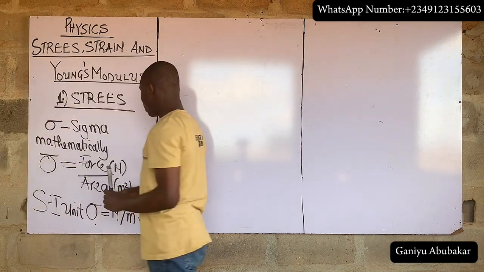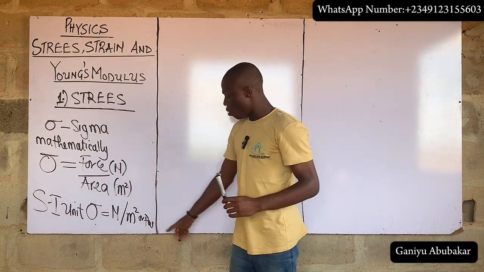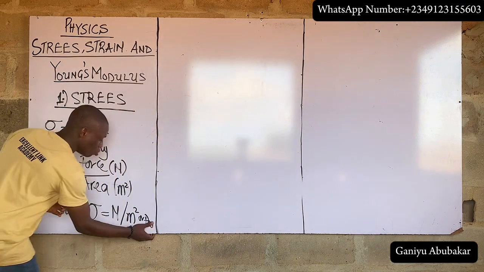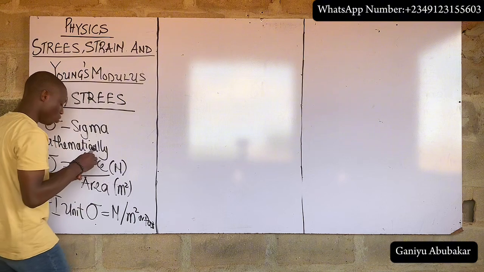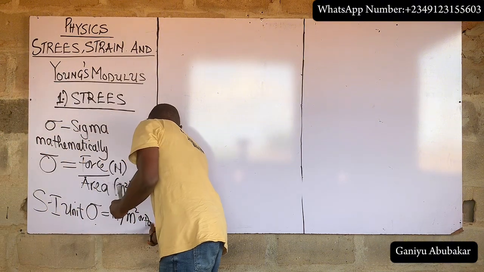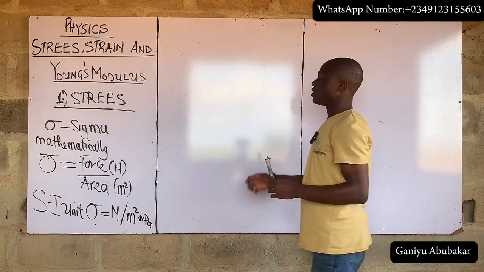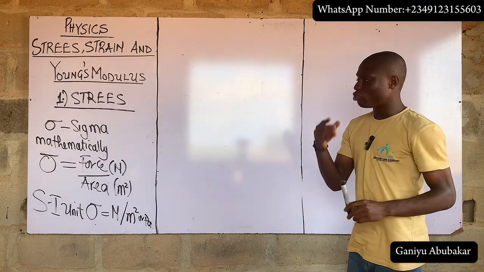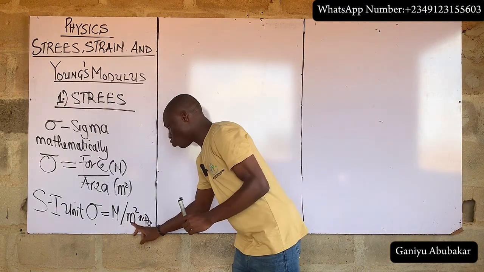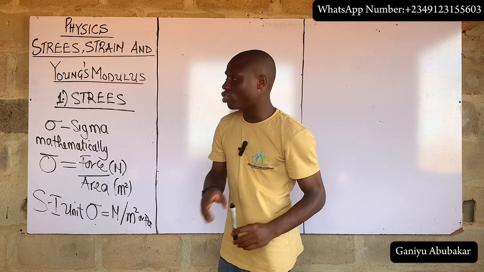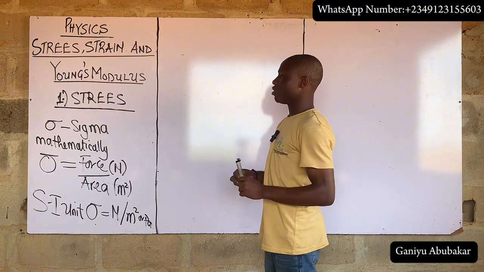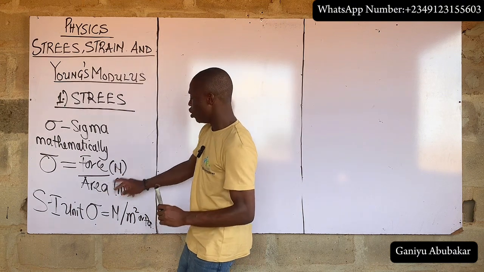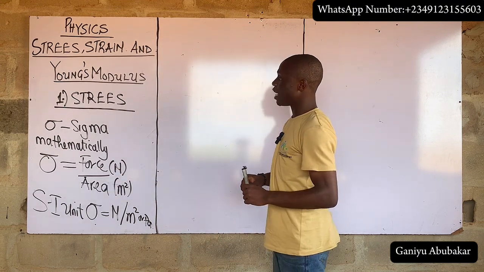So either you call it Newton per meter squared or Pascal, anyone you want to use, they are still very much correct. So Pa, Pascal per se. The SI unit for stress is Newton per meter squared. Very important, please. So that is the whole concept behind stress: force over area, with Newton per meter squared as its SI unit.